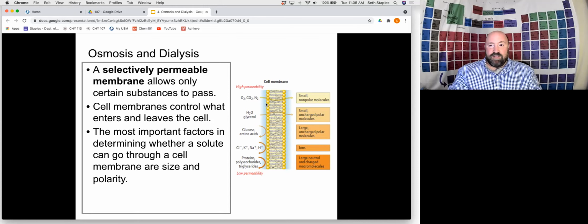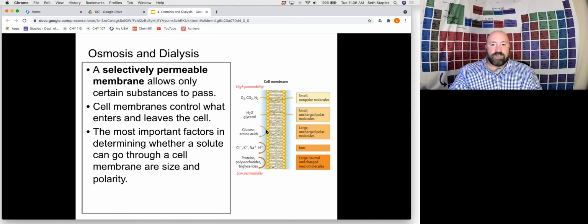And so we can see here that very small nonpolar molecules, things like O2, CO2, and N2, are very permeable to a membrane. They'll pass through almost unimpeded. When we start to get to small but uncharged polar molecules, things like water or glycerol, it's a little bit easier for those to go through.